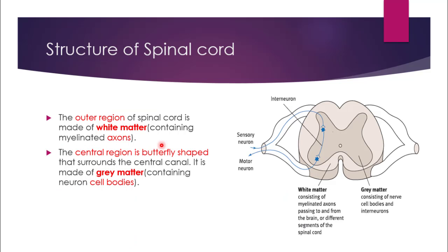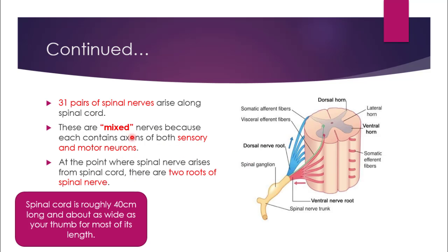As you can see in the previous picture, it consists of both sensory and motor neurons. So these are called mixed nerves. Now at the point where spinal nerve arises from the spinal cord, this point, it consists of two roots of spinal nerves that are named as dorsal nerve root and ventral nerve root.